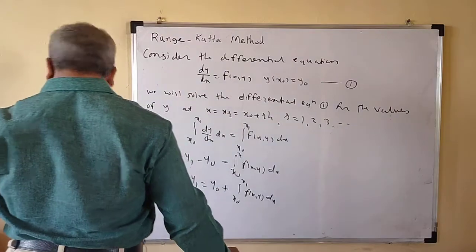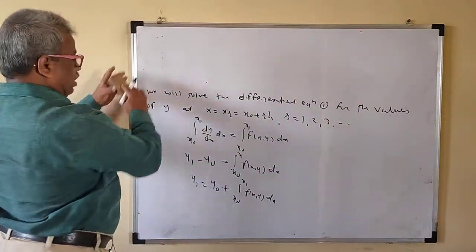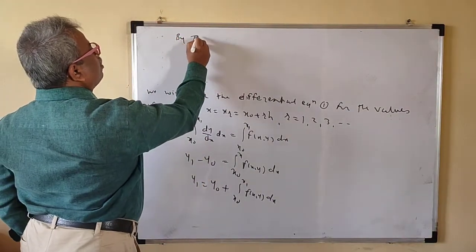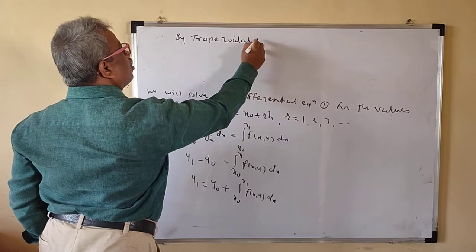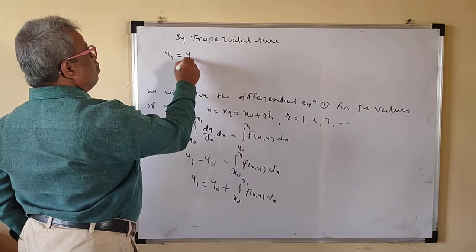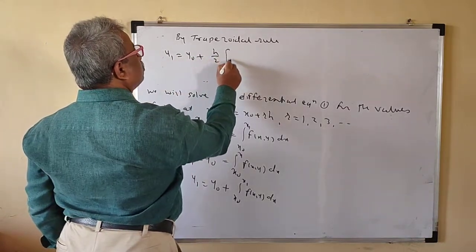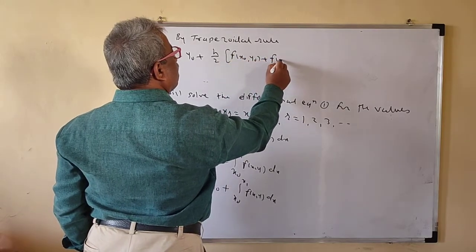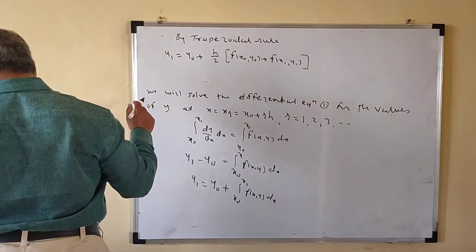Okay, so by trapezoidal rule, same thing as the usual formula. Okay, so by trapezoidal rule, y1 is equal to y naught plus h by 2 times f of x naught, y naught plus f of x1, y1.